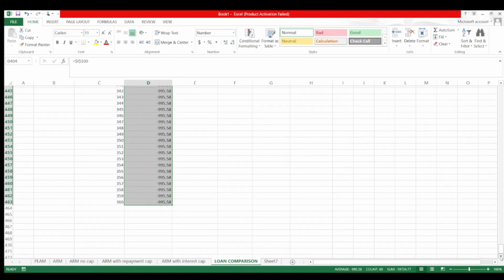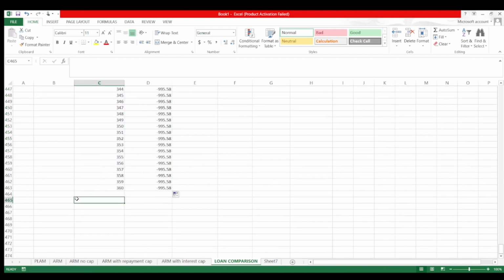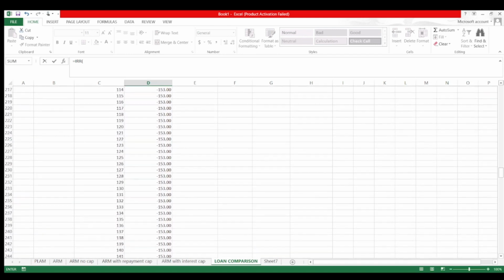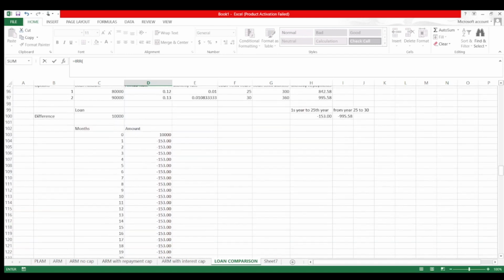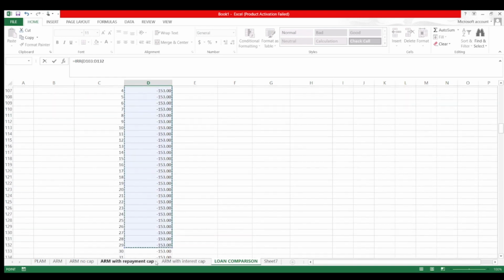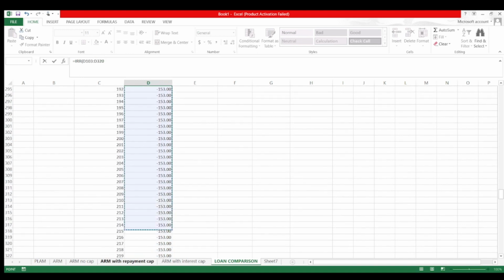Now for us to get the monthly rate, we simply use the IRR formula. So we need to highlight all these 360 amounts and give a guess, and we'll be able to get our monthly rate. So we'll simply highlight that all the way up to 360.